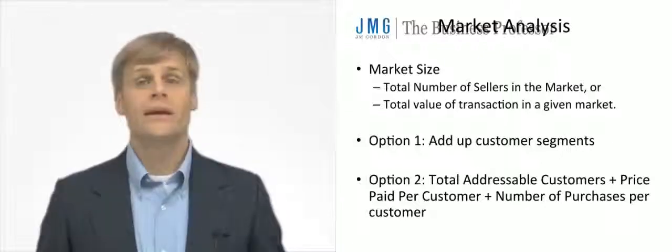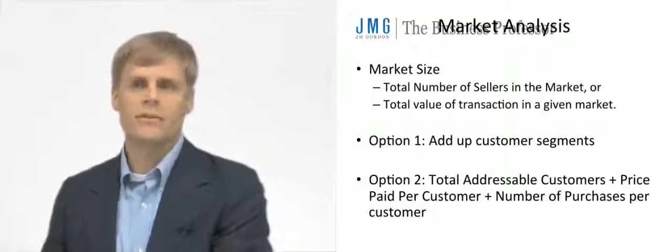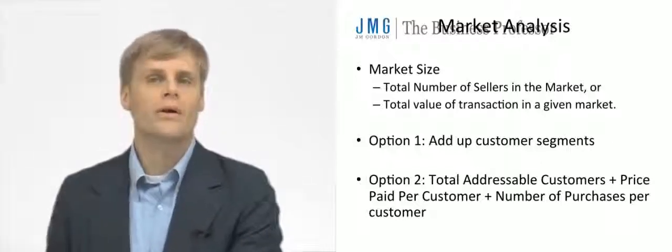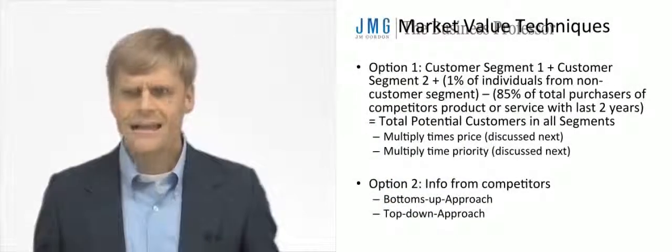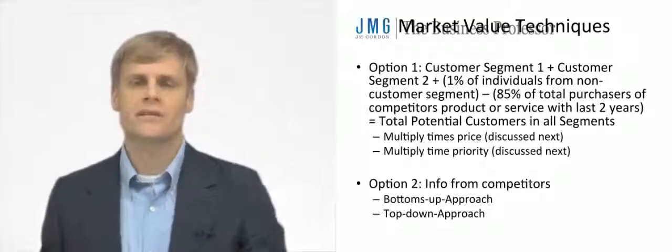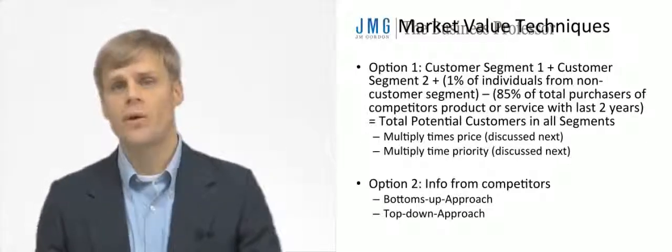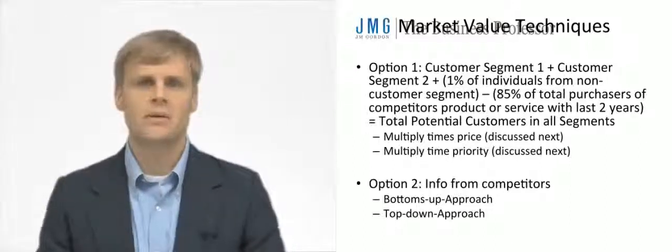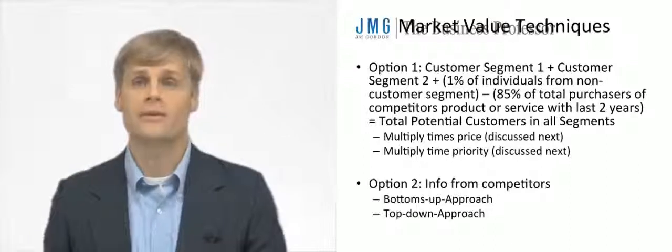Other ways will be to use the comparable market of the competitors that are already in the field. And you can use a top-down approach where you simply get that information, the sales numbers, et cetera, from your competitors, add up those competitors, and determine that the market size is this much based upon their dominance, the percentage that they have, and then their total number of sales.